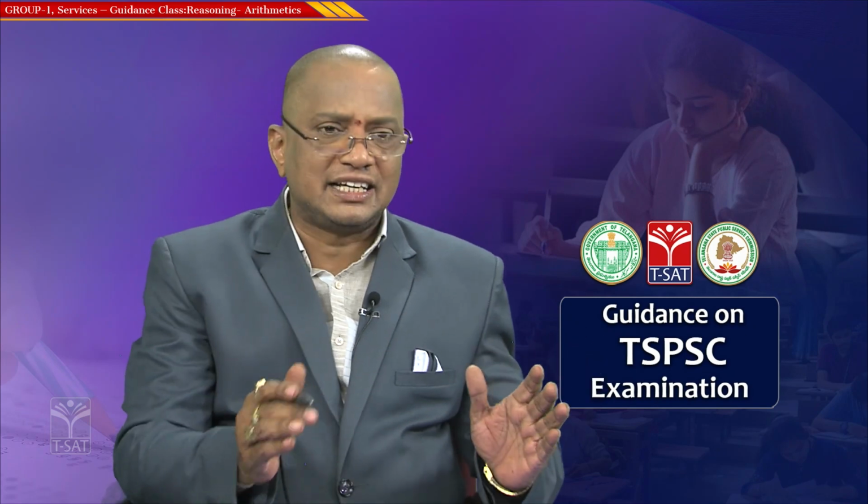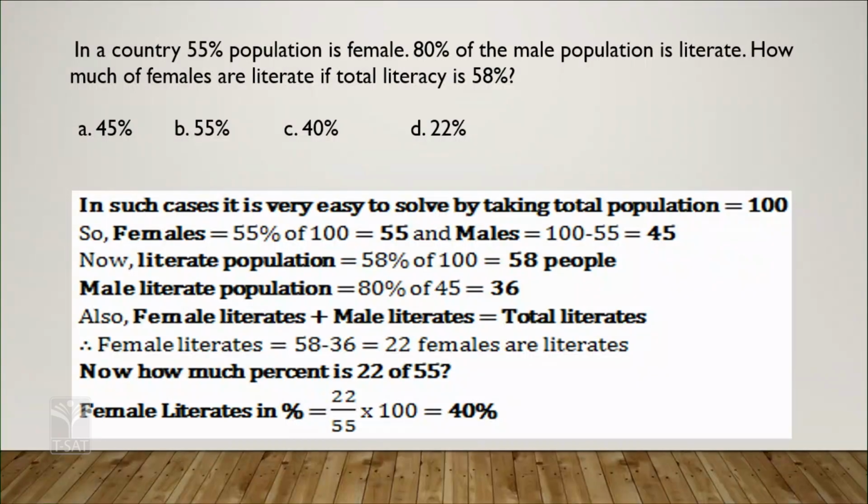Without using a pen also you can calculate this, but I will give clarity to the explanation here. We don't know the total population, say 100. Then the female percentage is 55%. Then the male percentage is 100 minus 55, which is 45. Clear? The literate population: 58% of 100, since total literacy is given as 58%, means 58 people are literate. 80% of the male population is literate, means you have to calculate 80% of 45.